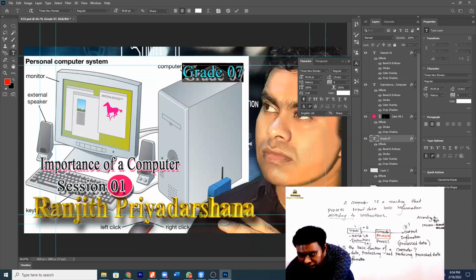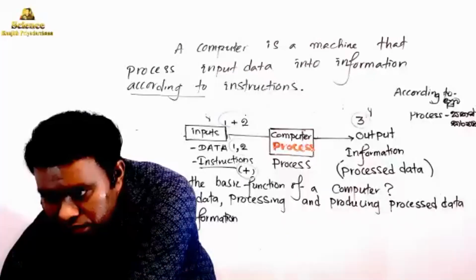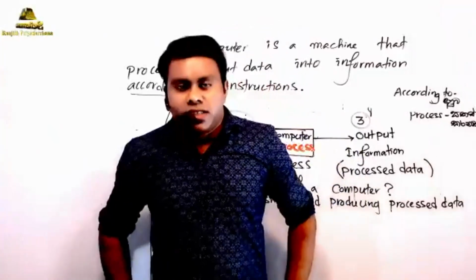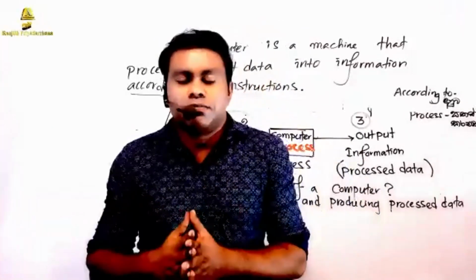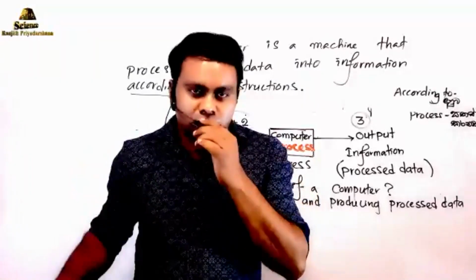This is not grade 7, this is grade 6. Okay, so this is how we process data. Video files also same. So we can process it by using the computer. Finally, it gives output as what we want.